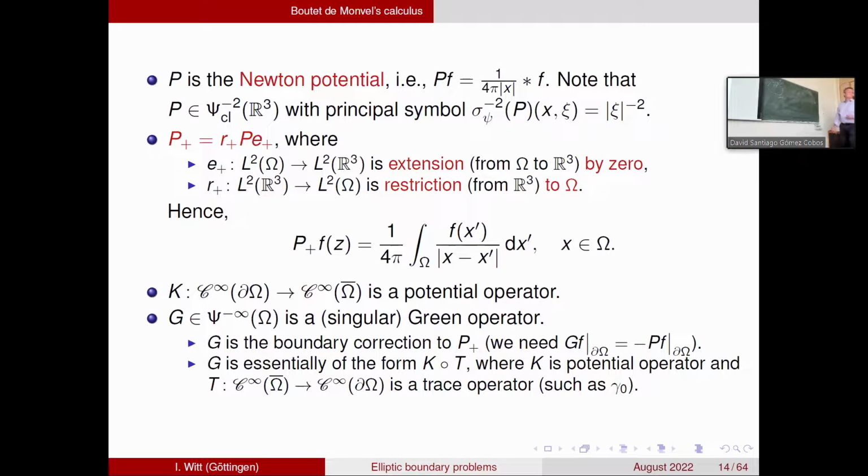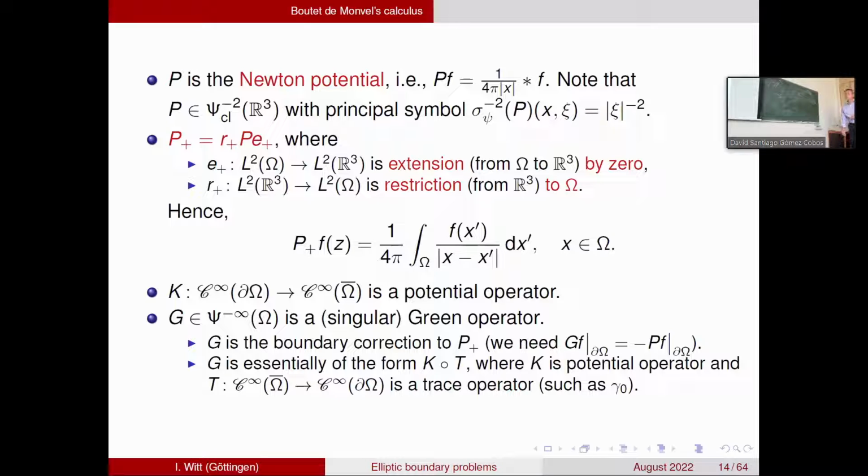Okay. So we start with the free space solution. We take the Newton potential, which we have just seen in the previous talk. This is the convolution with 1 over |z|, essentially up to a constant. That is a pseudodifferential operator of order -2, everything fine.